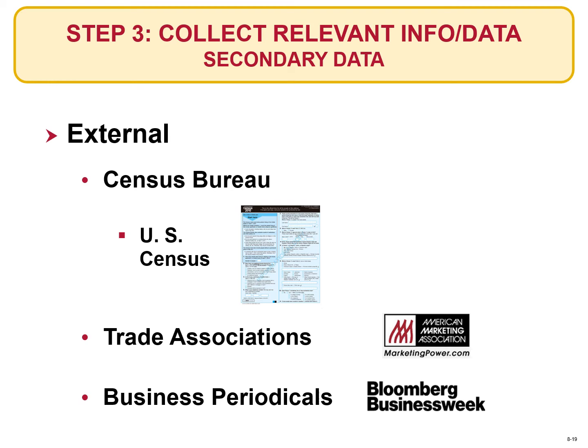You can use information that they have collected for your own research, and that's going to be called secondary data. Or we can also use information from business periodicals like Bloomberg, Business Week, and so on. And this is going to be our secondary data.